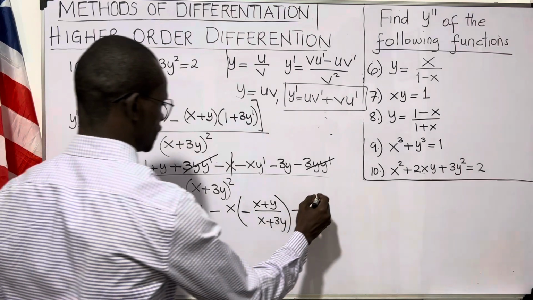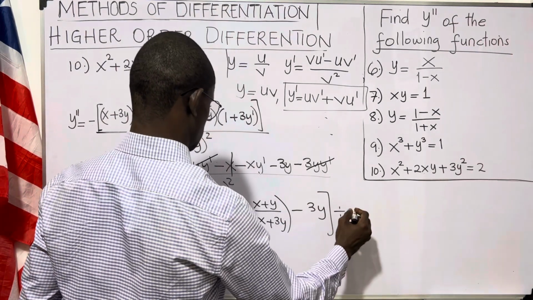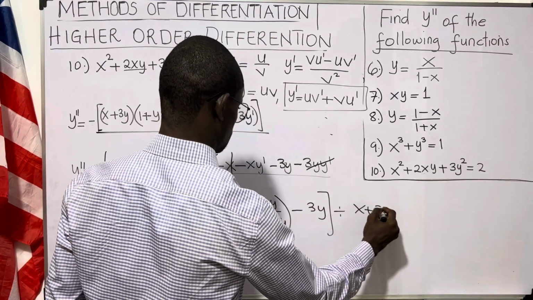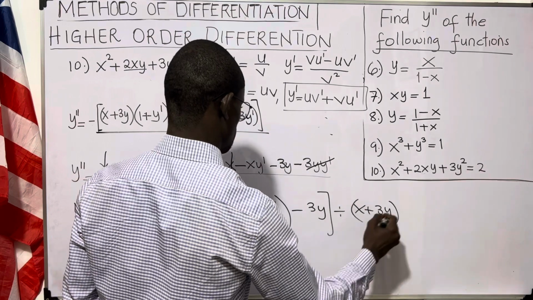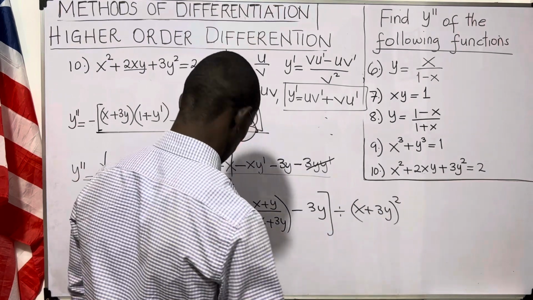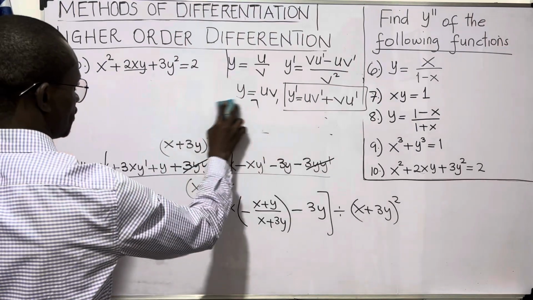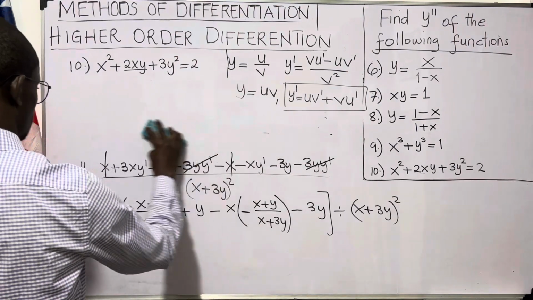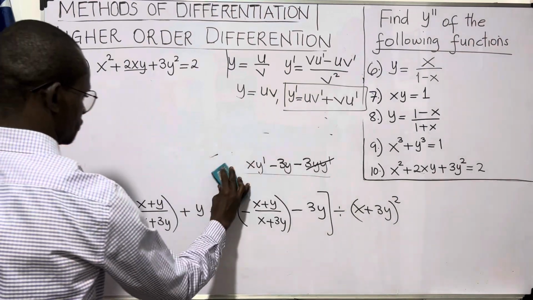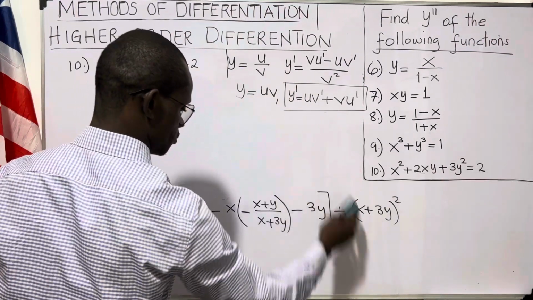This whole thing is being divided by x plus 3y raised to the second power. You have to be very careful with the signs when you are dealing with these problems, so that you don't get things mixed up.